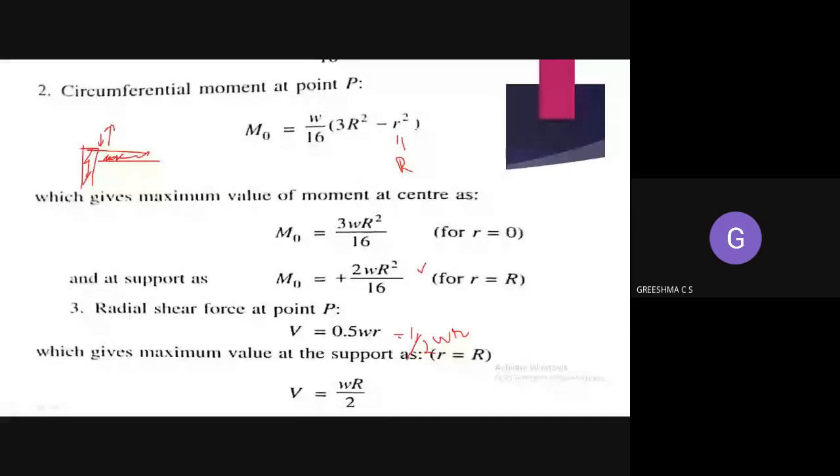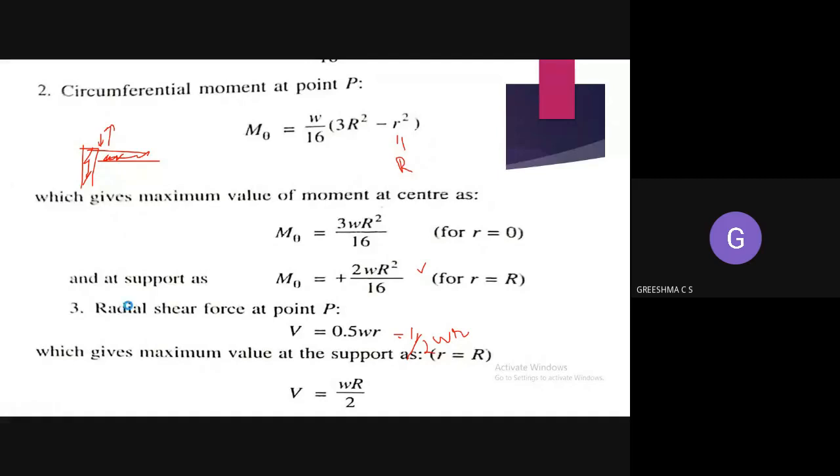So you can again substitute in this equation: small r is equal to large R. At the supports, small r will be equal to large R, and you will get the maximum radial shear force. Substituting small r equal to large R, why? Because the radial shear force will always be maximum at the support.